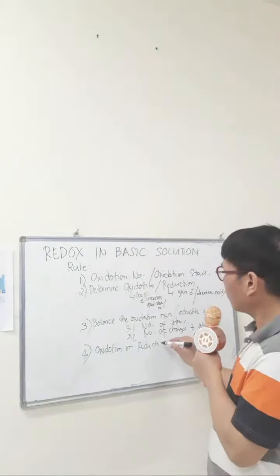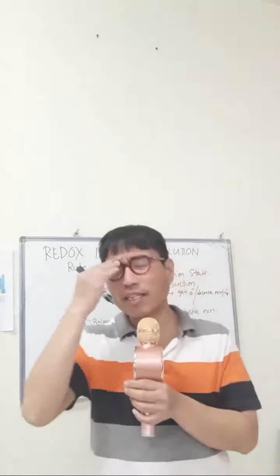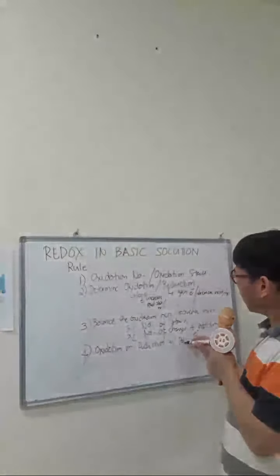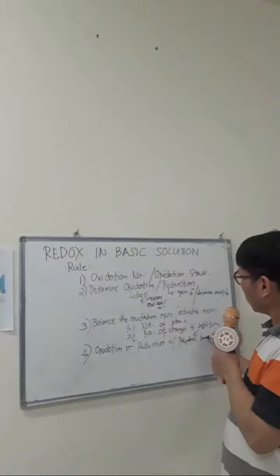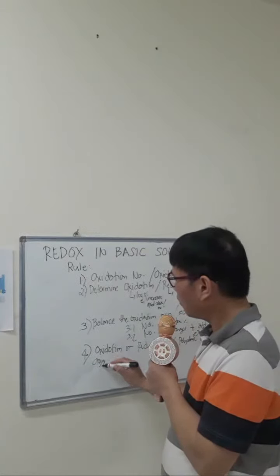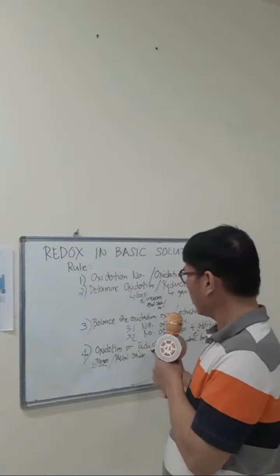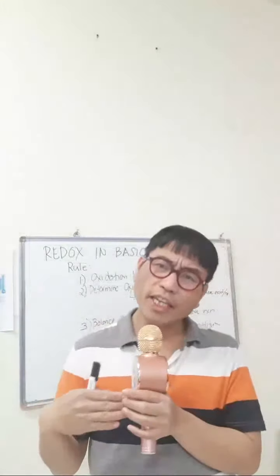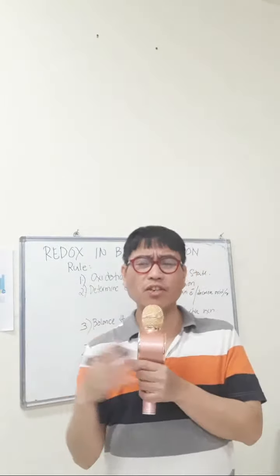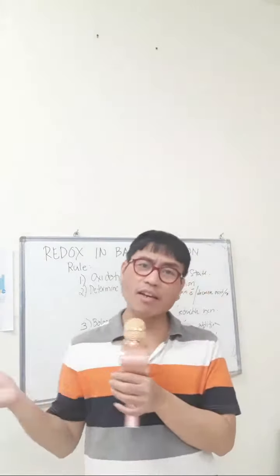For example, if you have a polyatomic anion with oxygen, usually oxides are the best example for this, or metal oxides, add water to the right if there is a deficiency of oxygen in the left. If there's a deficiency of oxygen in the right, add water in the left, with corresponding adding of H plus in the other side.